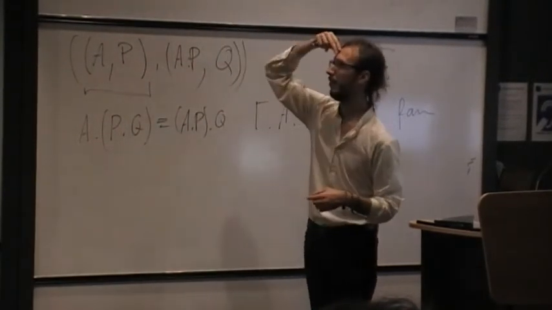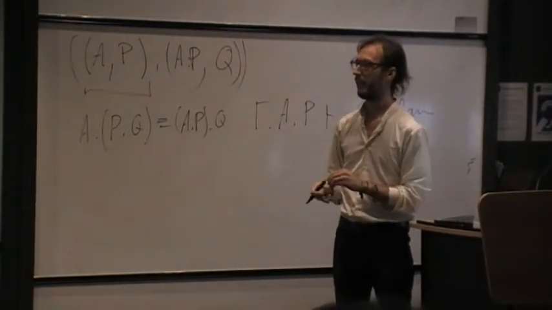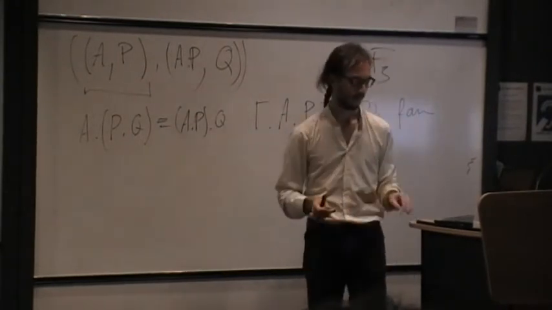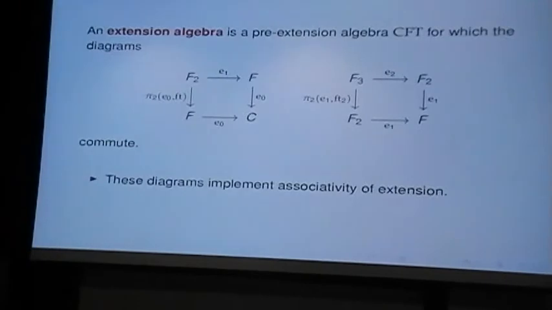The diagram on the right there is the second rule for the associativity, and the diagram on the left is the first rule. Okay, so an extension algebra is a pre-extension algebra for which furthermore these two diagrams commute.